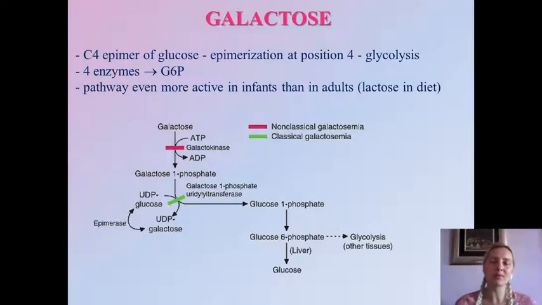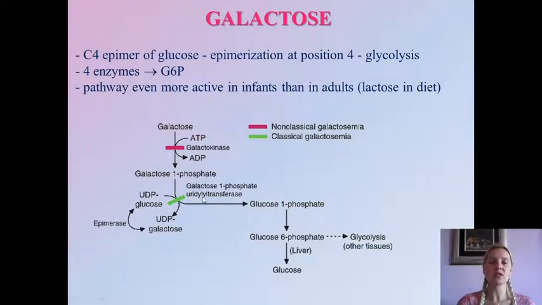So what happens in this pathway? If you take a look at the figure, galactose is first phosphorylated to galactose 1-phosphate by galactokinase. And further on, galactose 1-phosphate undergoes one very interesting transformation, which is the transfer of the galactose molecule to the UDP part of the molecule, forming UDP-galactose.